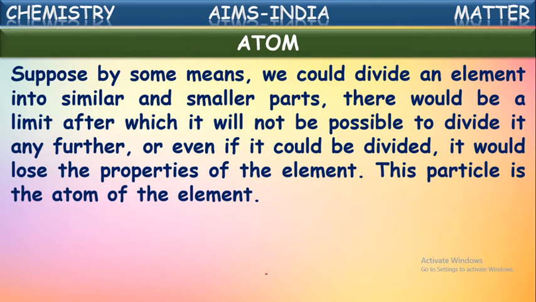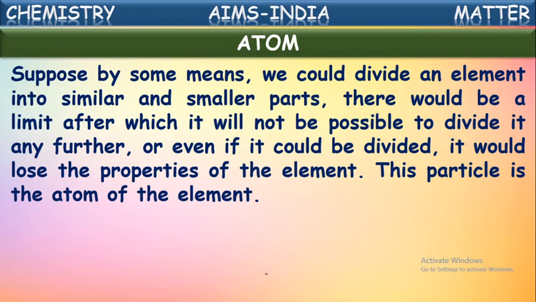If we take any elemental substance and start breaking it into small pieces, there would be a limit where you cannot divide the particle obtained any further. If you are able to separate it, then it may lose its identity as the element.